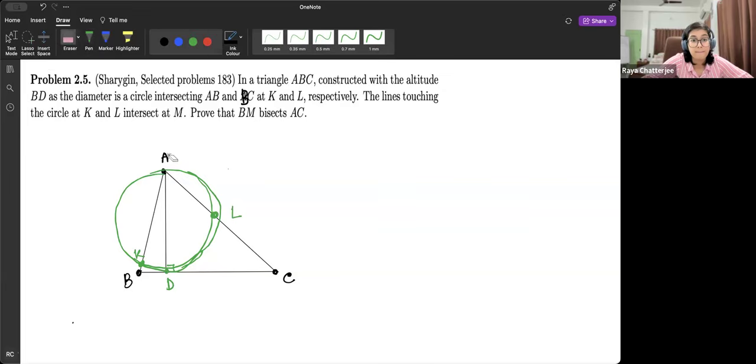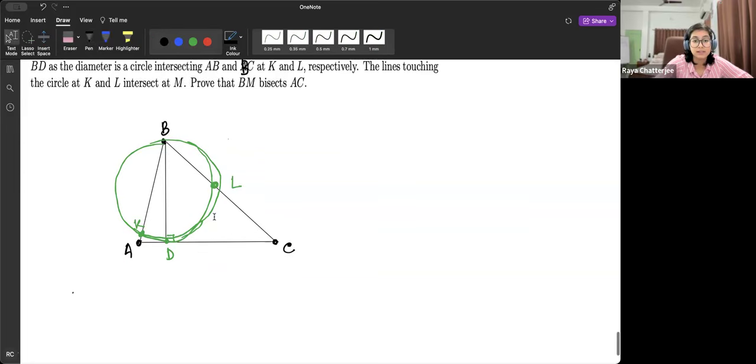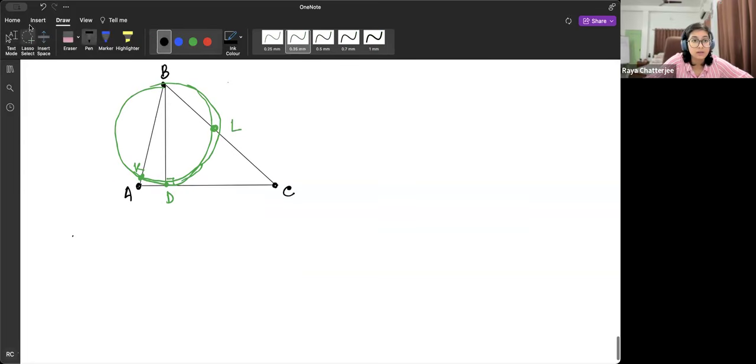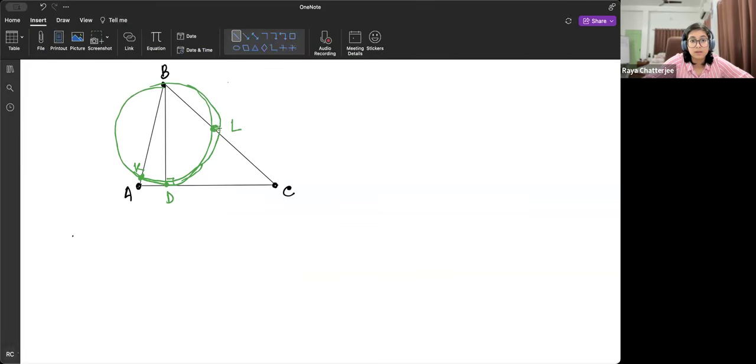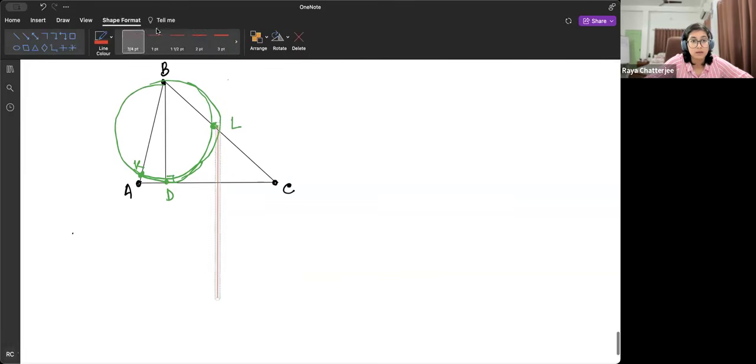Okay, this should work. And I'll take the tangent intersection at K and L, right? Yeah.